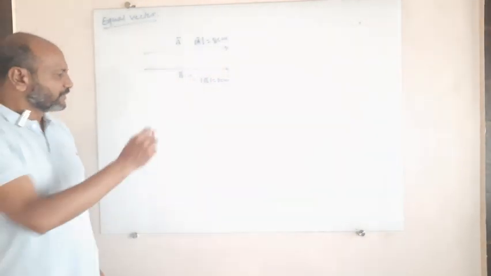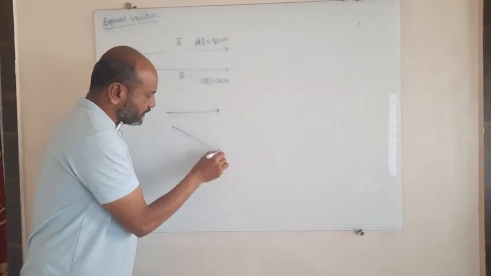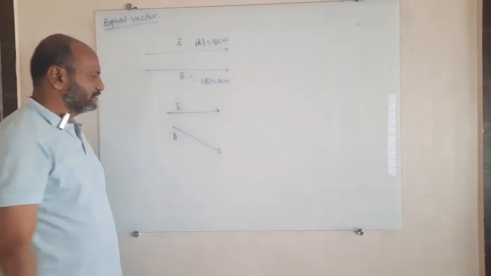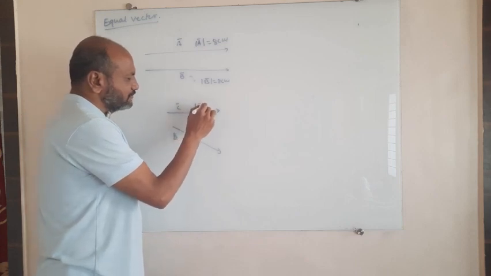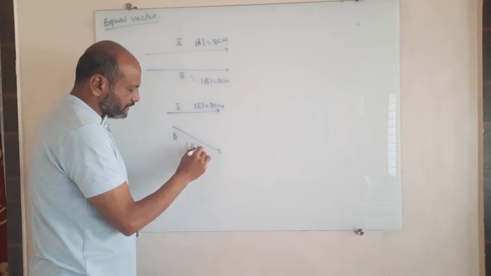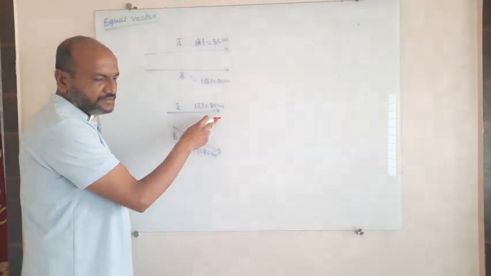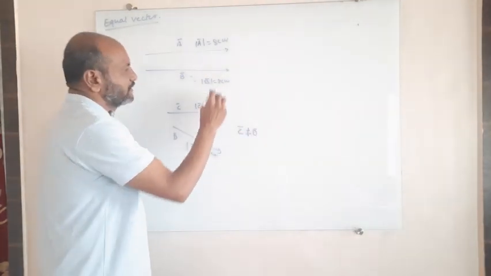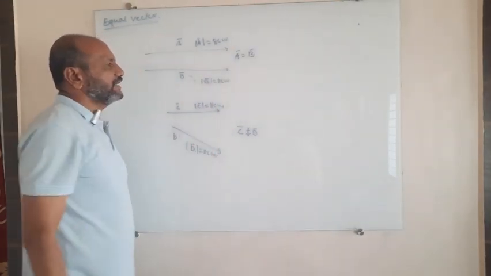For example, we have another vector C bar and this one is D bar. In this case, the magnitude of C bar is 8 centimeter, the magnitude of D bar is 8 centimeter, but the directions are different. Therefore C bar is not equal to D bar, but A bar is equal to B bar. Why?